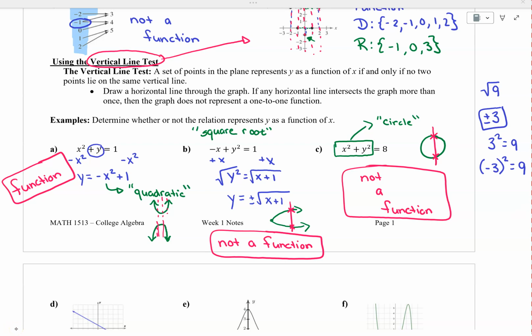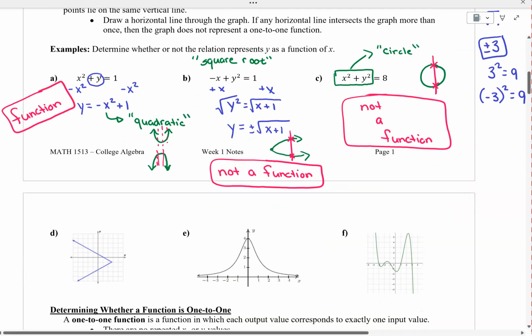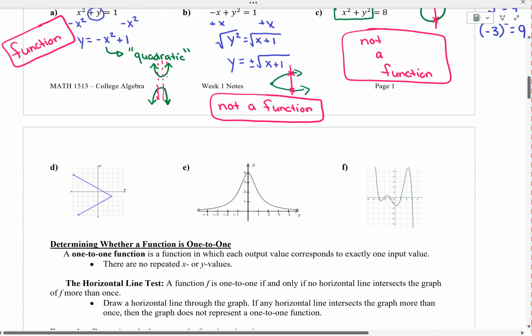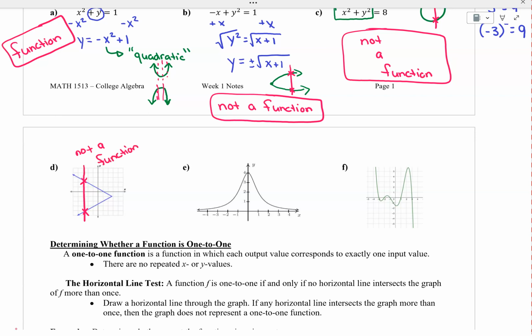Okay, so now let's go look at some graphs on the next page. If I was to draw a vertical line, this one would not be a function because it crosses it twice. Okay, so let's think. I could draw one here, here, here, here, here, here, here.